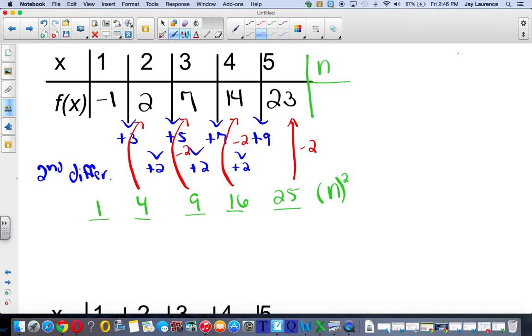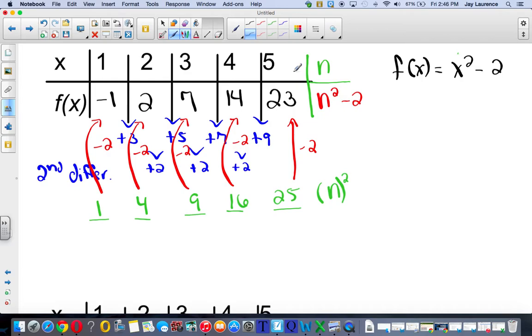I have to subtract 2 from the green to get the black sequence. So therefore, this is n squared, take away 2, which makes my function f of x equal to x squared minus 2.